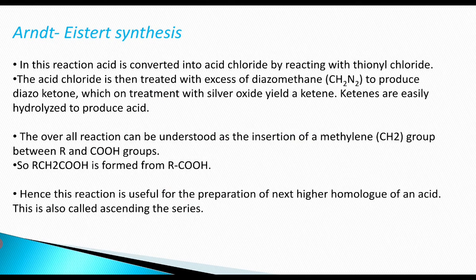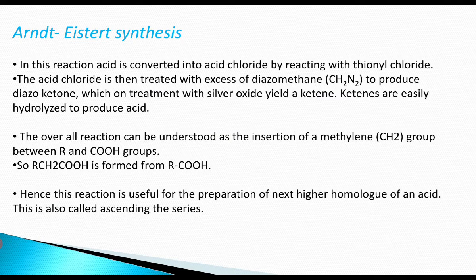Next, Arndt-Eistert synthesis. In this reaction, acid is converted to acid chloride by reacting with thionyl chloride. The acid chloride is then treated with the excess of diazomethane to produce diazoketone.